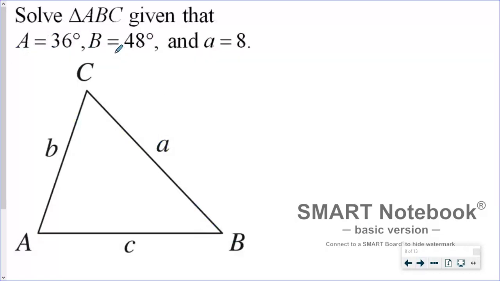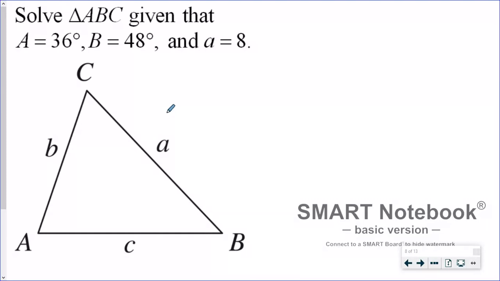All right. So let's solve triangle ABC, given that angle A is 36 degrees, angle B is 48 degrees, and side A is 8. Now, Delta Math just asks you to find one specific piece, whereas here it says to solve the triangle, which means we're trying to find all of the missing pieces.